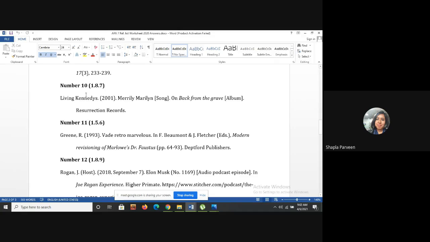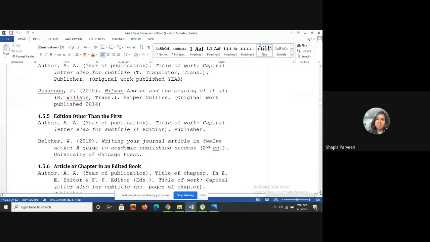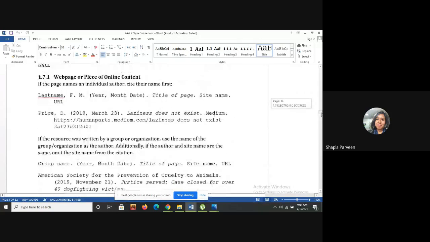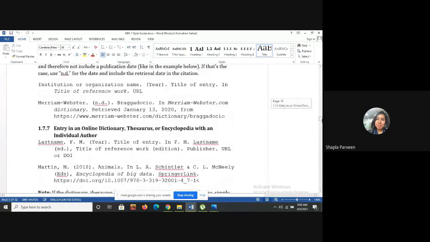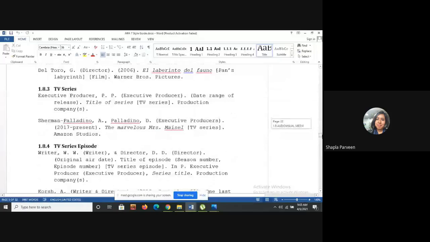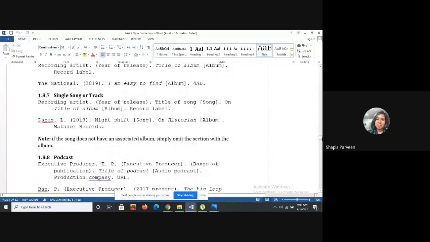All right, so you can check rule number 1.8.7. I just want to check this. Single song or track, recording artist.